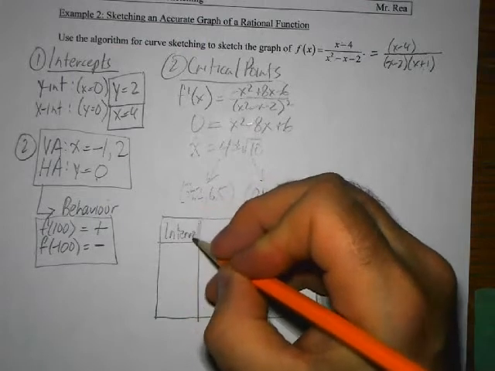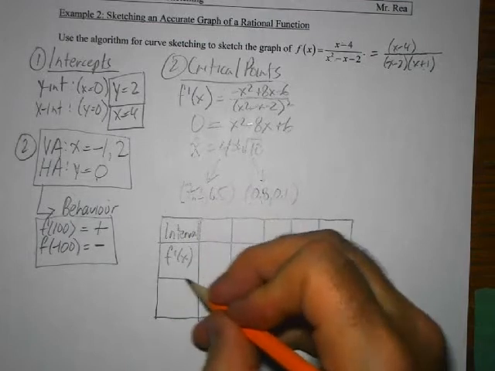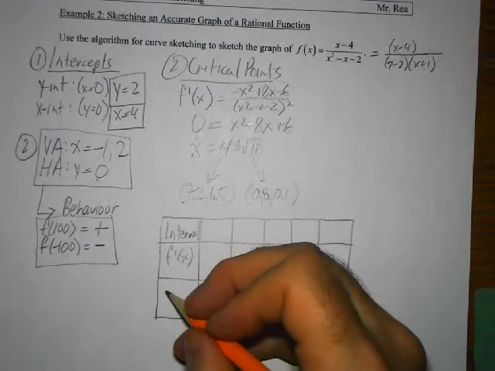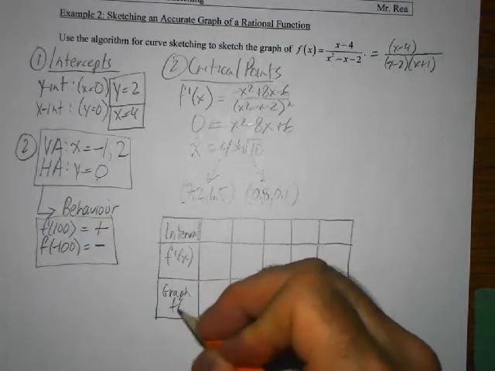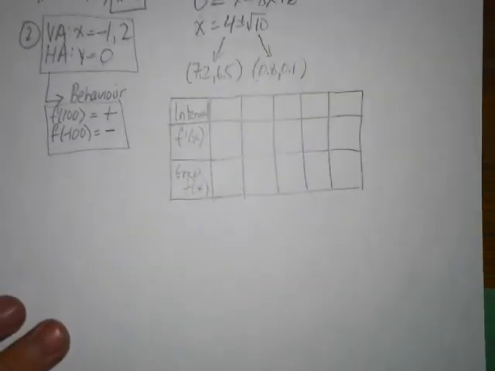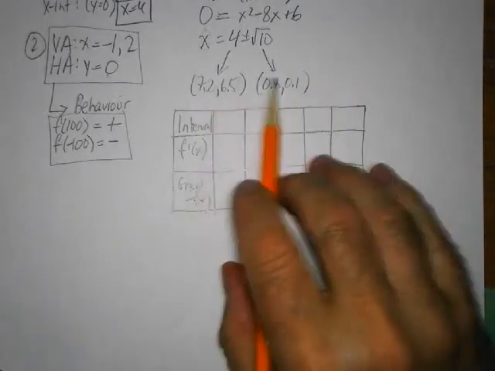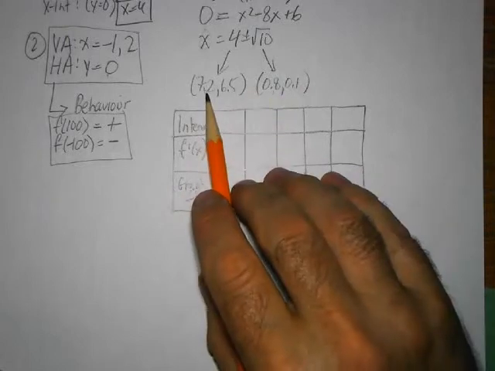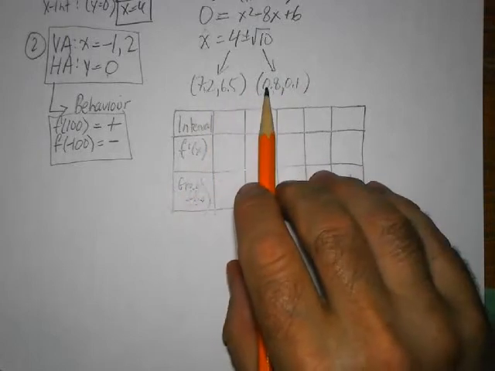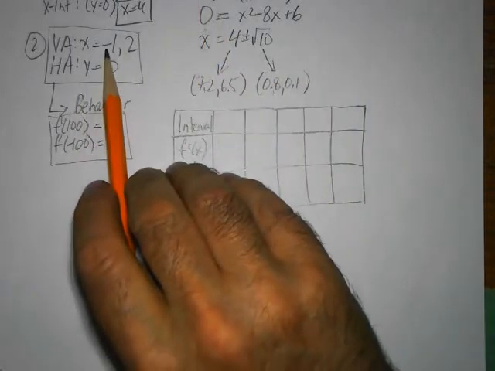And I'm going to show the first derivative, the sign of it, and then basically the graph of f of x. We have to put these in the right order, ascending order. I've got 7.2, 0.8. I've also got -1 and 2.